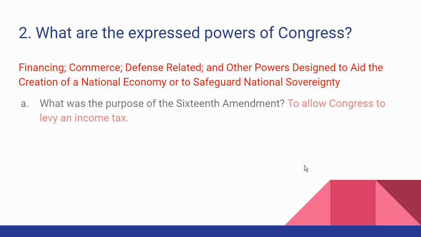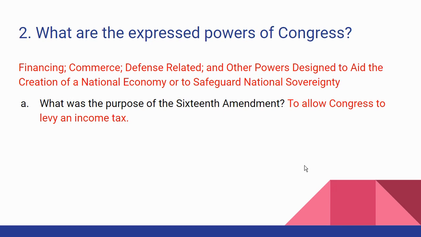Now, the first sub-question under number two is, what was the purpose of the 16th Amendment? That was to allow Congress to levy an income tax, because the Constitution does give them the power to tax, but it has to be proportioned based upon each state's population. And that is very difficult to do.